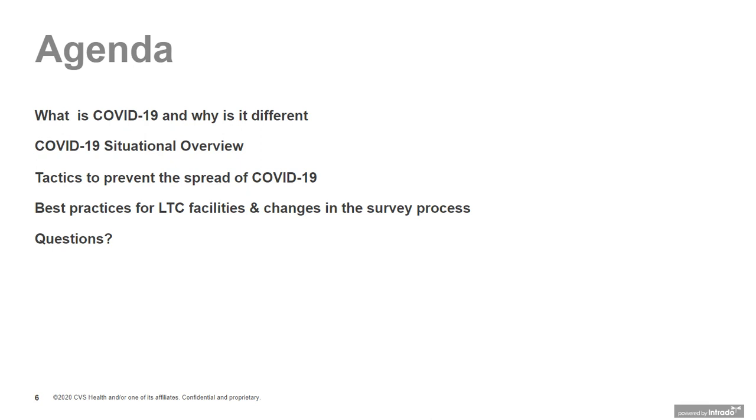And much of what we're going to be discussing really relates to the experiences that we have had to date and how we have begun to think in terms of best practices that others, including our client facilities, are able to undertake.